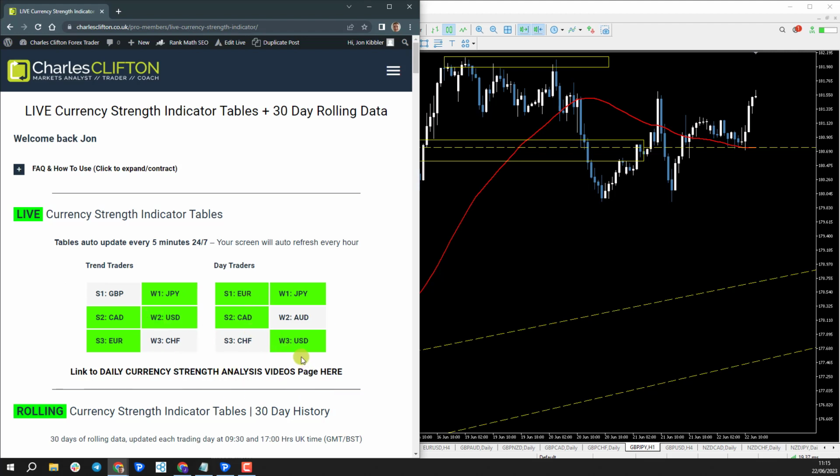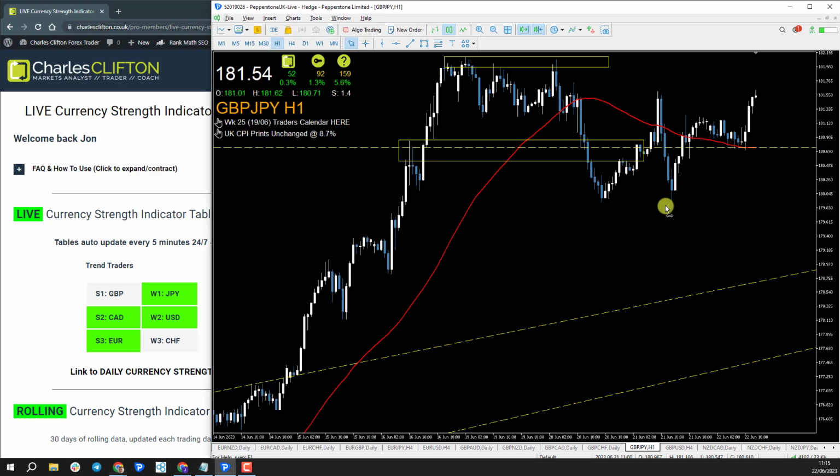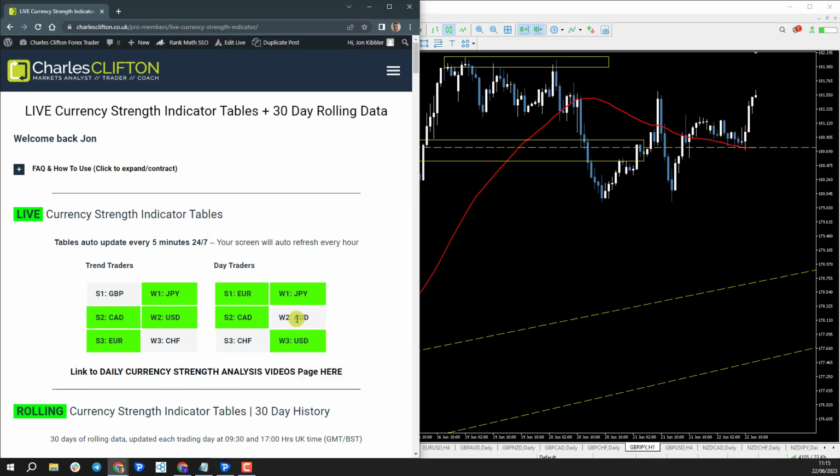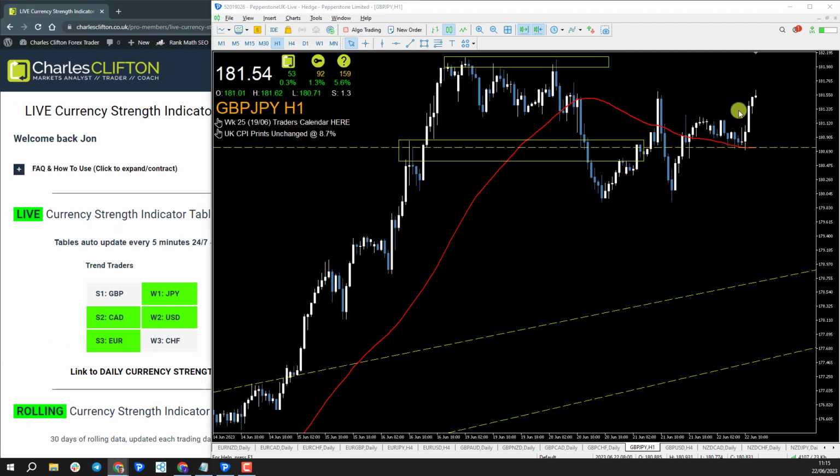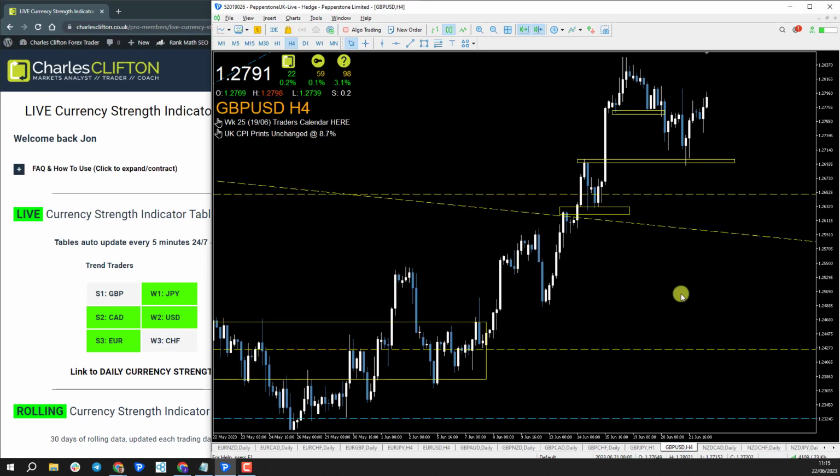And in fact, this morning it actually came up as a weak currency on the day traders. So ultimately, I stuck with it as long as I could. But as soon as I saw pound appear on the weak side of our table here, I took the position off. The same as well with cable, so came out at break even on cable as well. We had entries around about the 127.60s, and yeah, came out here break even.